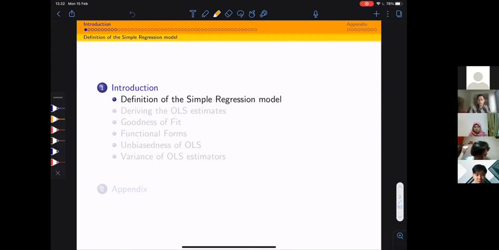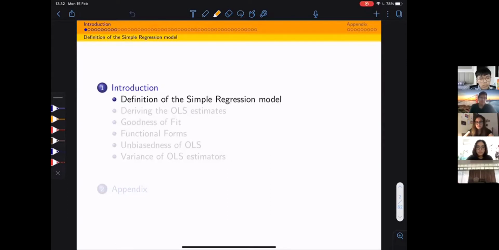These are the key topics of the discussions today. I won't go into all the technical details of the mathematical or statistical detail, so I'll put those details in the appendix, just in case you are interested in looking at the detailed technical derivations and stuff like that.